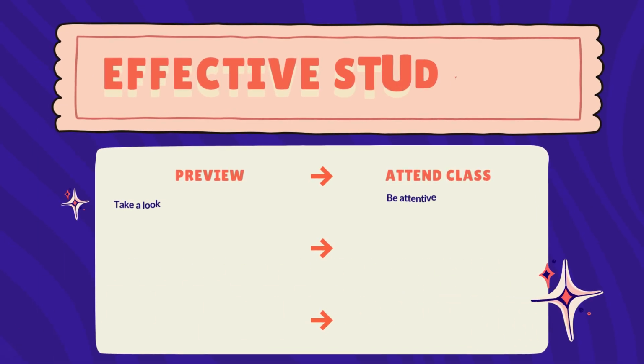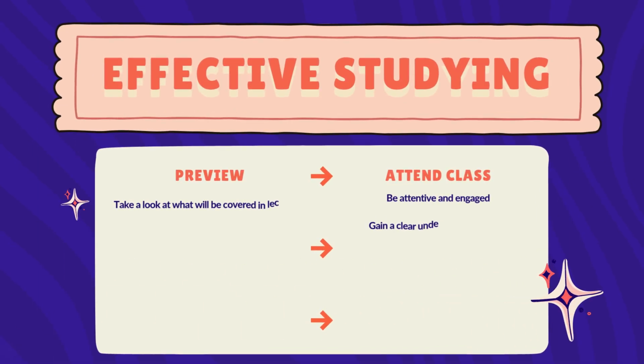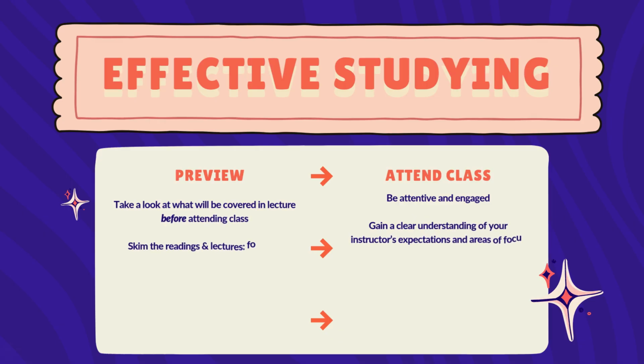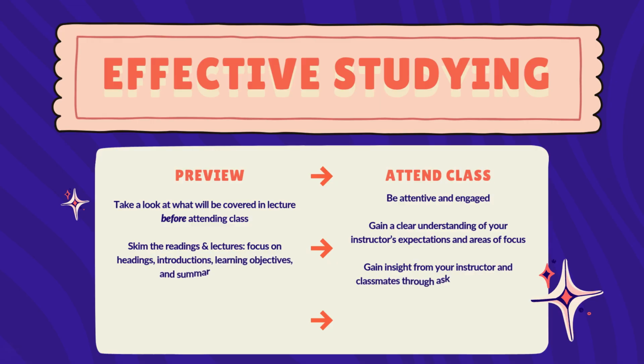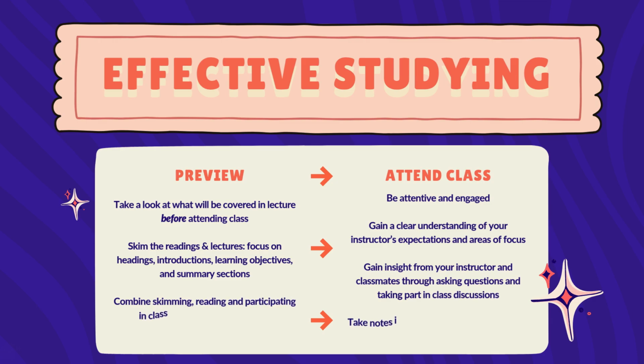During the preview stage, you want to take a look at what will be covered in your lecture before attending class. This is you taking a preview at what's to come. You want to skim the readings and lectures. Really try to focus on the headings of the readings or the titles of the lecture slides.